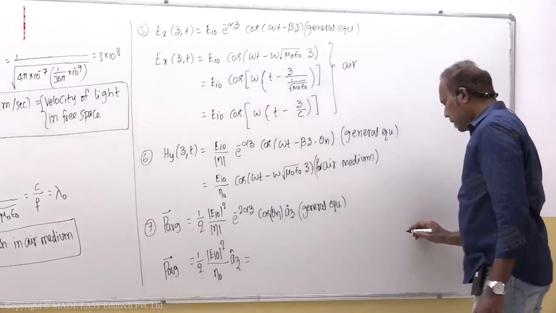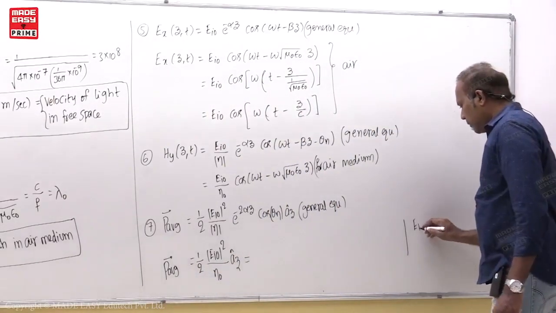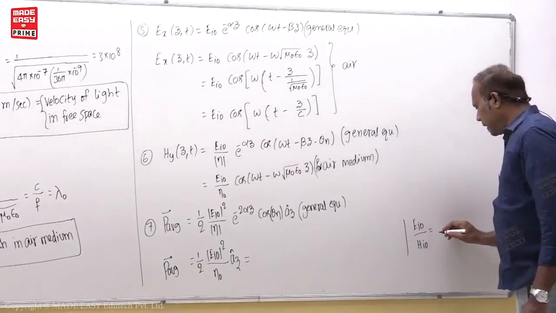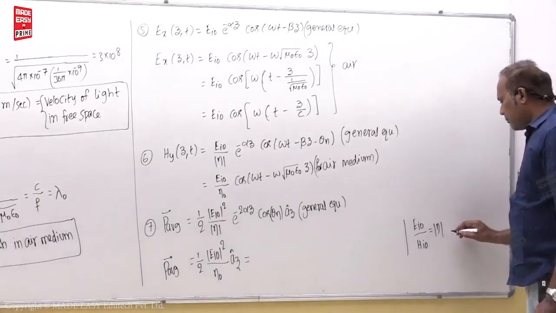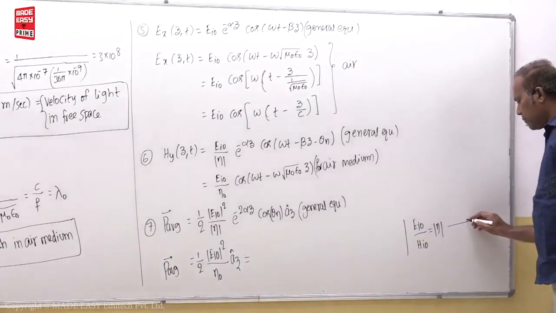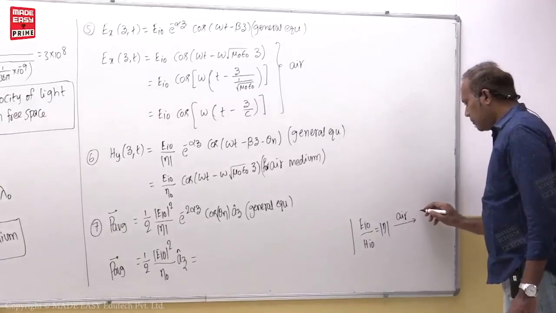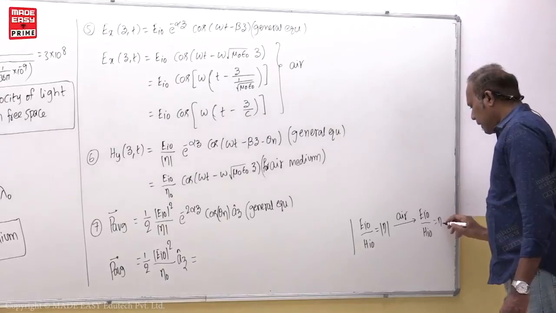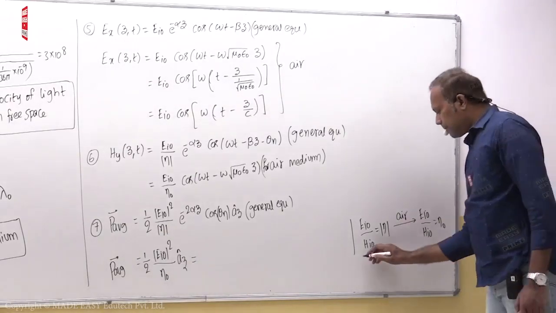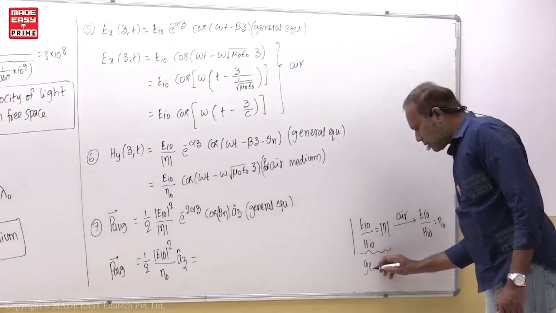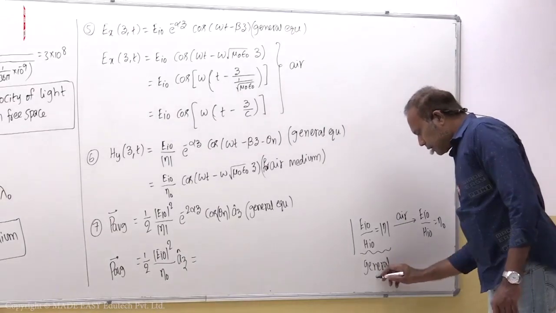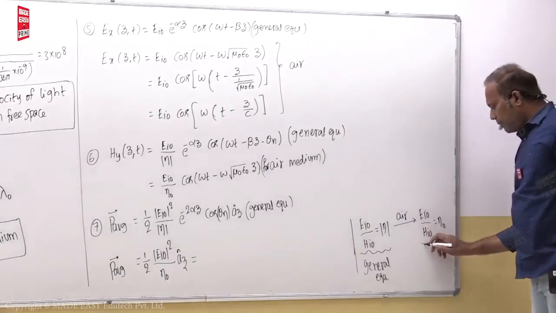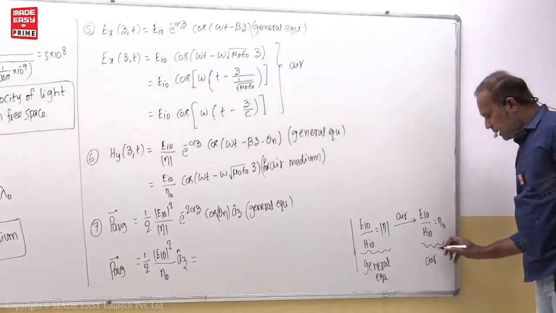I told you that, dear students, Ei0 divided by Hi0 is equal to mod eta, but for air medium it becomes Ea0 by Hi0 is equal to eta naught. So this is a general equation. And this is for air medium. This equation is for air medium.